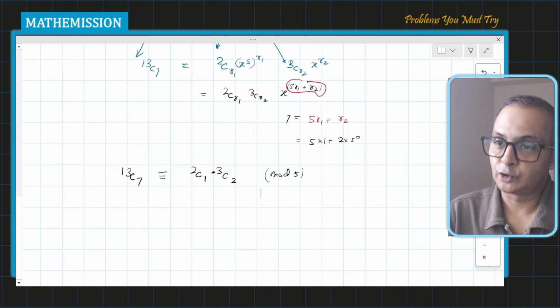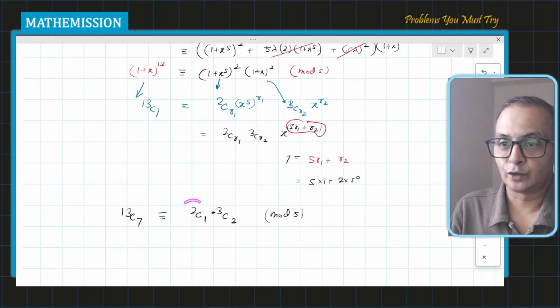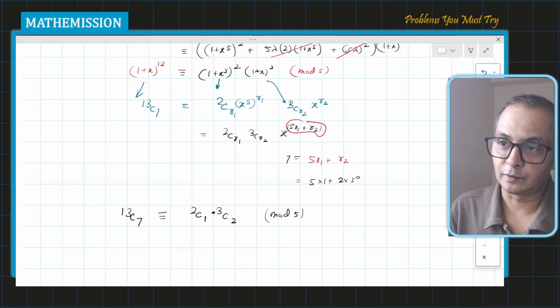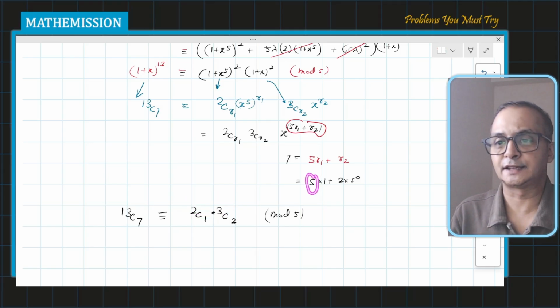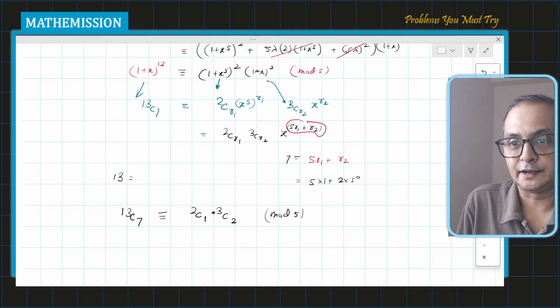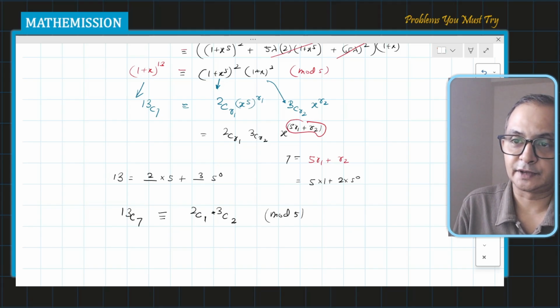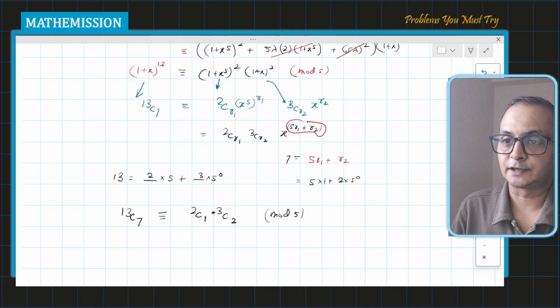Now the beauty of this thing is, you'll notice that this 2 and 3 are coming from the coefficients, or we can say the factors, since I have written 13 as 5 plus 5 to the power 0. So that's why it came 2 here, and then 3 there. So this 2 and 3 come from when I wrote this 13 as a base of 5.